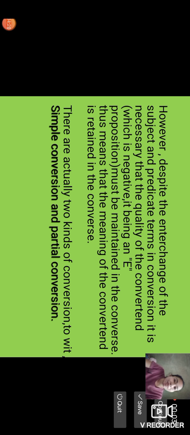This means that the meaning of the convertend is retained in the converse. There are actually two kinds of conversion, to wit, simple conversion and partial conversion.